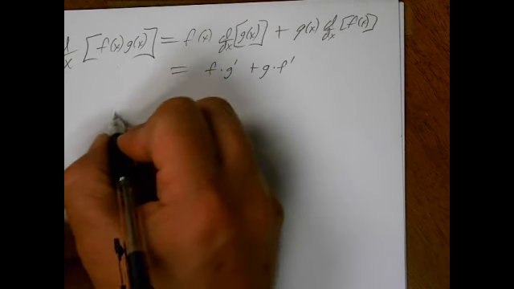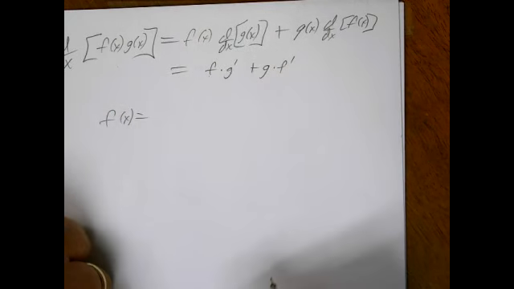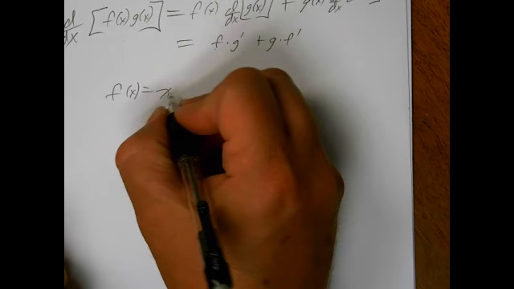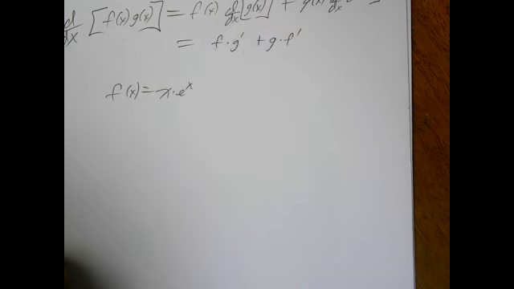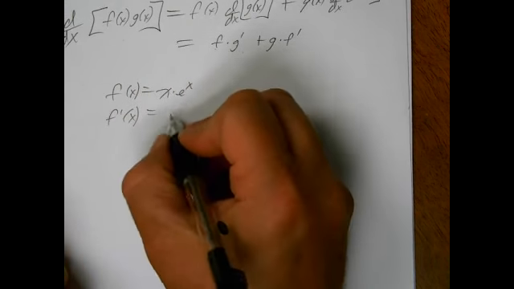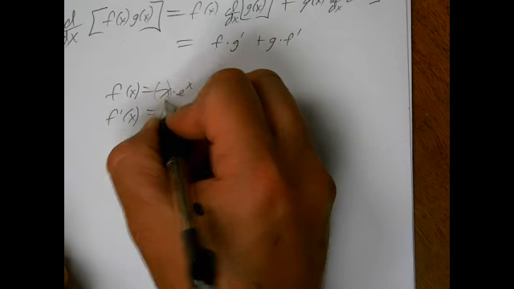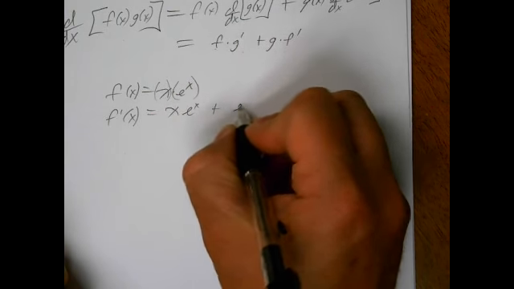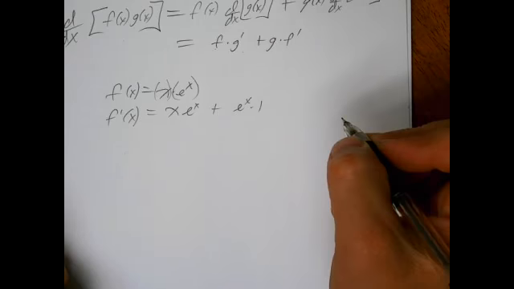So, as an example, if your f of x was equal to x times e to the x, and you want to take the derivative, you would go: here's your first, here's your second. First times derivative of second plus second times derivative of first.